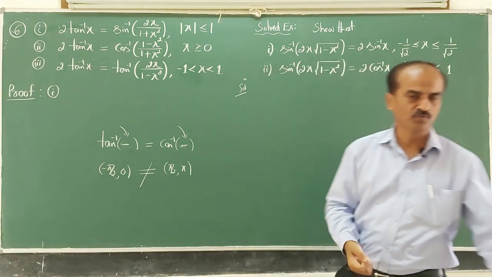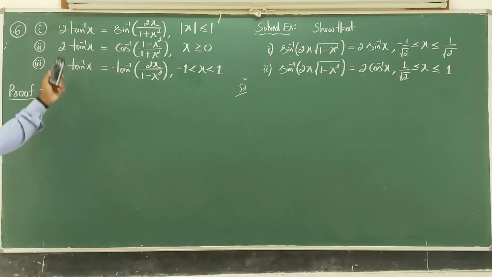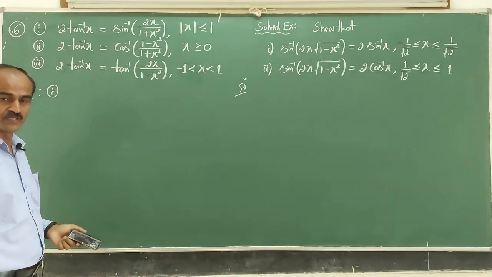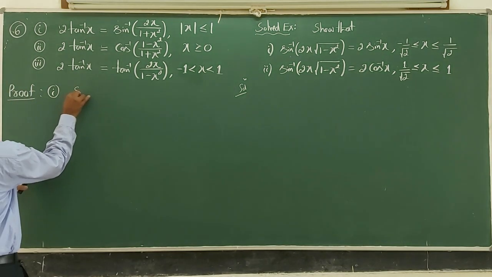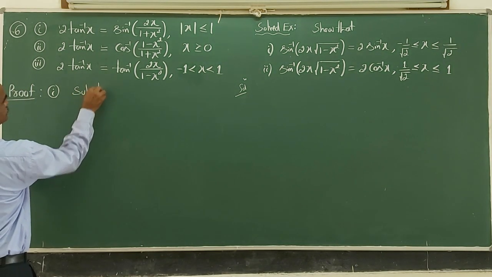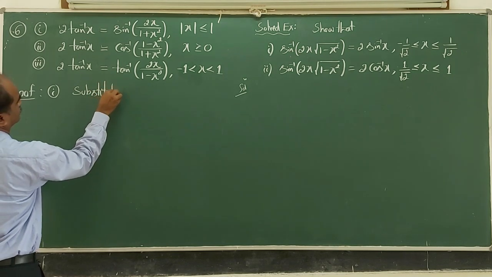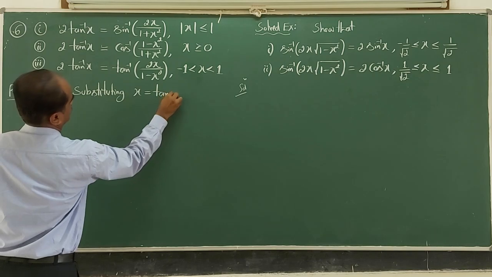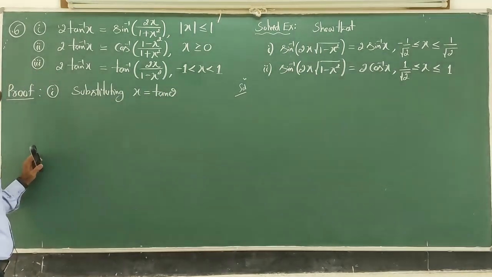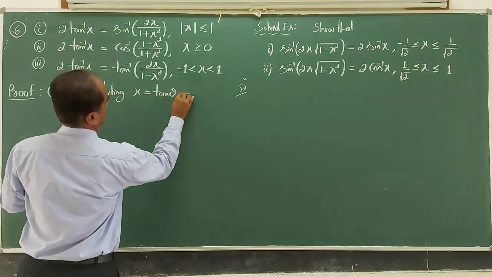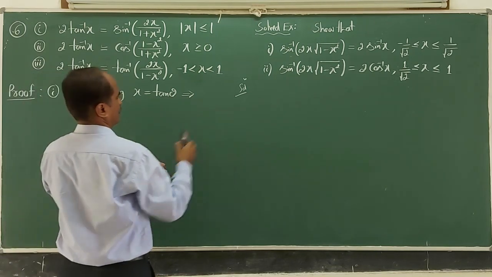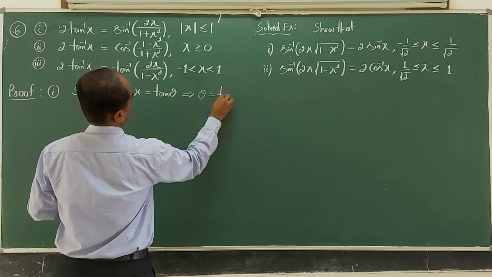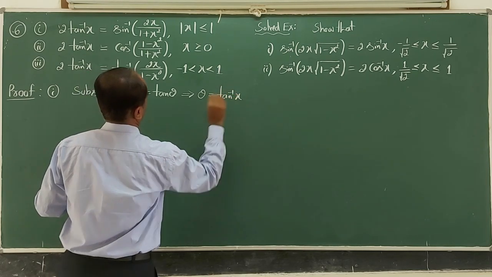Now let us prove this property. To prove 2 tan inverse x equals sin inverse of 2x by (1 plus x square), I will go for substituting x equal to tan theta. This implies theta is tan inverse x.